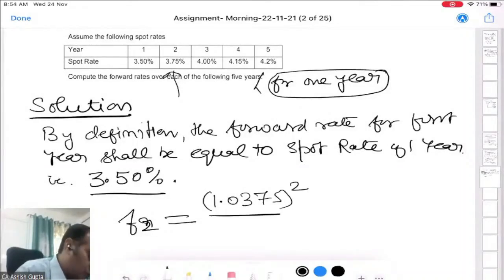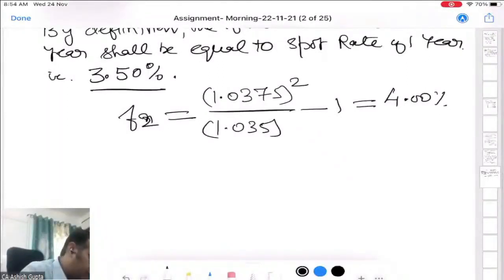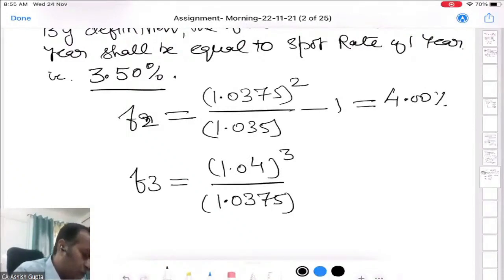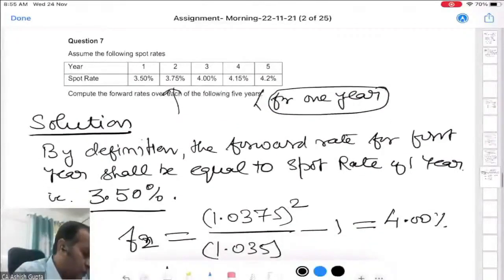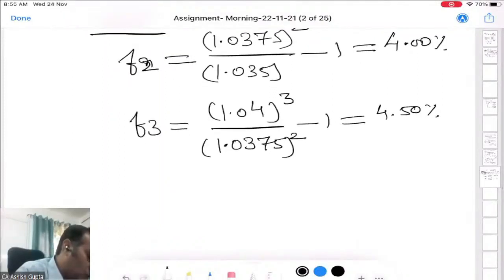Raised to power 2 upon n minus 1, f3, or we can say it like that also.